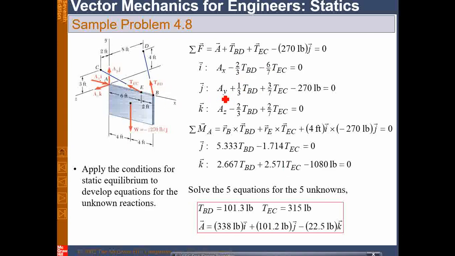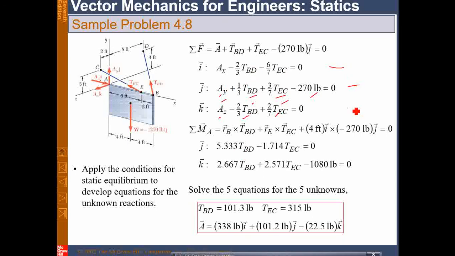In a similar way, the J component of all the three forces, and the J component will also include the W, the weight force. Then in terms of K, obtain all the Z forces: the Z component of these two tension forces and the reaction in Z. They will provide you three equations.